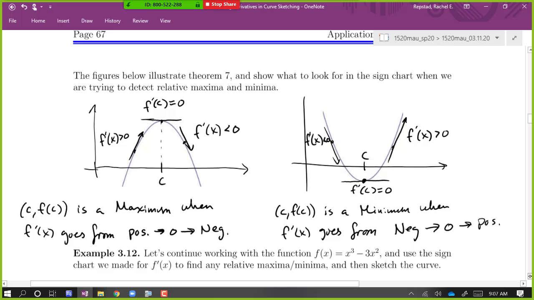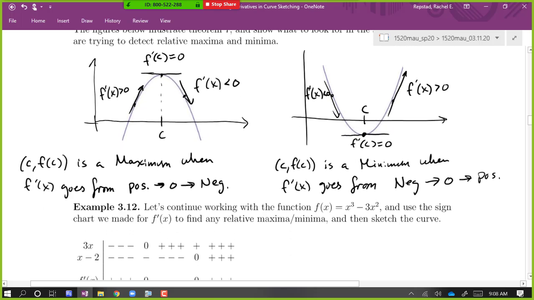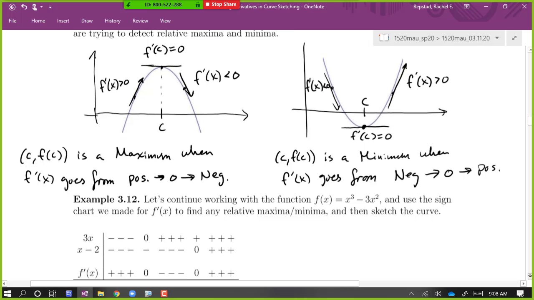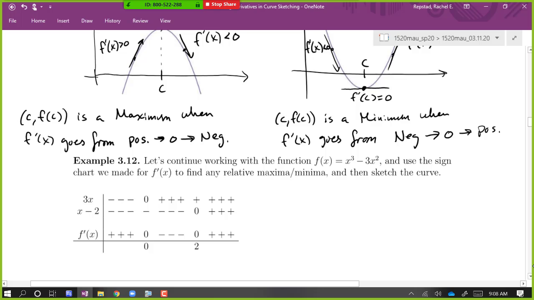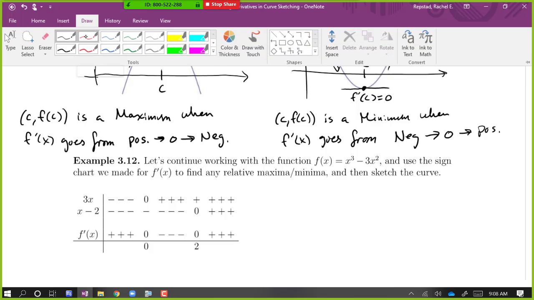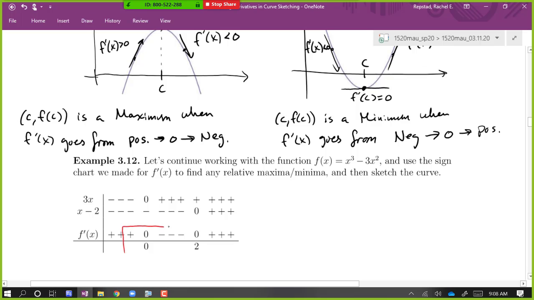So if we return to, in this next example, we're actually returning to the last one. In this example, I've just recreated the sign chart that we already made. That's what the sign chart looked like. So we knew when it was increasing and decreasing. At these places where the derivative is 0, we look at what's going on either side. Does x equals 0 give us a maximum or a minimum?